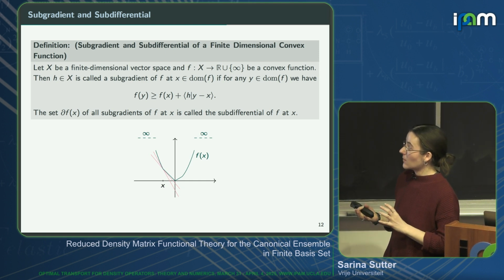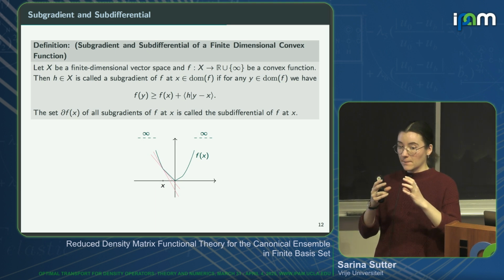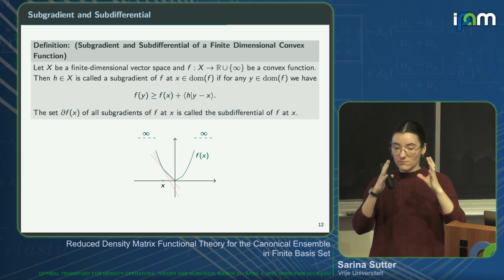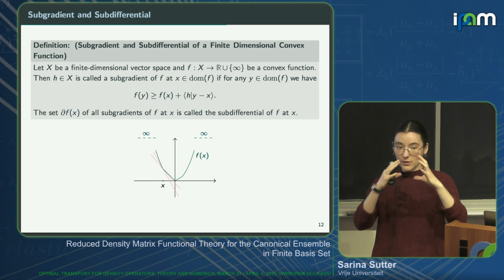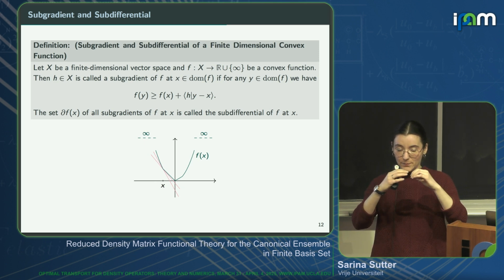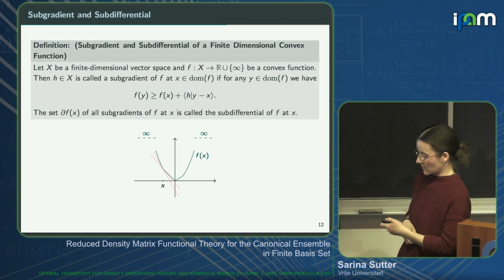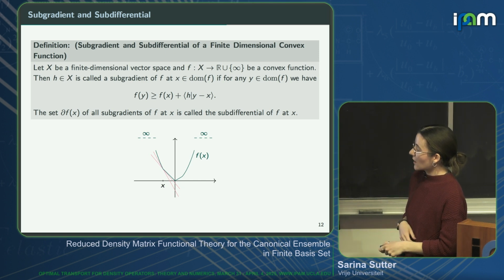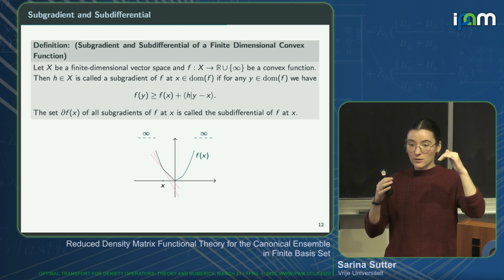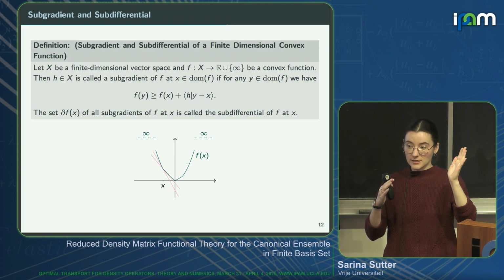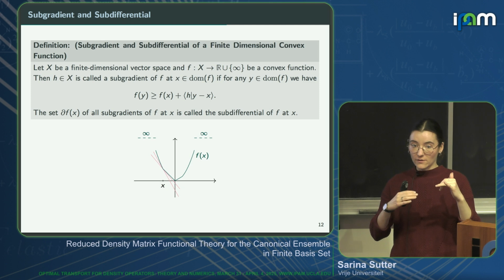The nice thing about convex functions is that differentiability is usually a local property, but for a convex function we get global information: the tangent line is below the convex function.